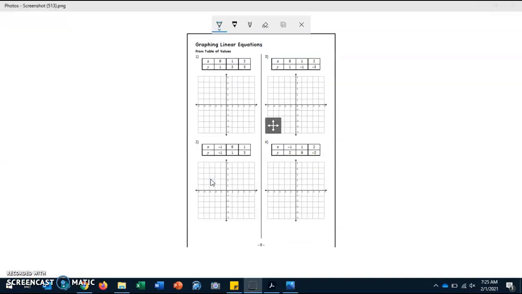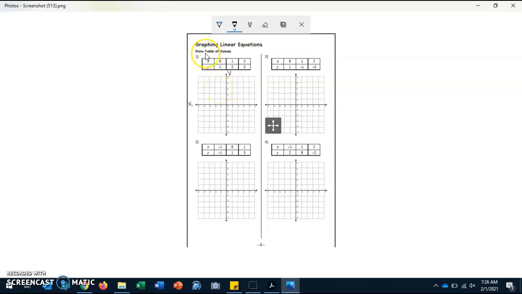Okay, boys, so here in this worksheet, it's telling us that we're going to graph linear equations from the table of values. So here we have our table of values. We have our x and our y. Let's write it down. This right here is our x, and this is our y.